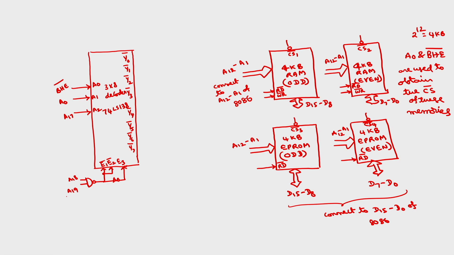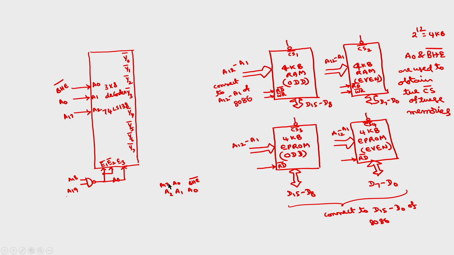Now here, how to select CS1, CS2, CS3, CS4? This depends upon A0 and BHE bar. So I can form a table now. BHE bar, A2, A1, A0 of the decoder. Here A0 of the decoder is connected to BHE bar of the microprocessor, A1 is connected to A0 of the microprocessor, and A2 is connected to A17 of the microprocessor.